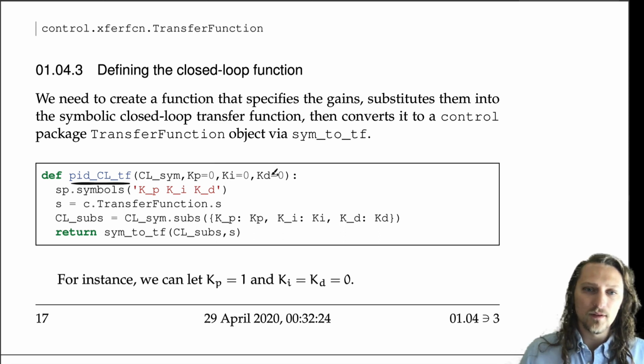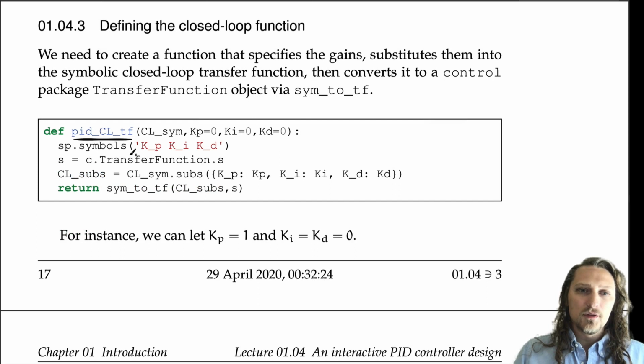By default, each of the gains, kp, ki, and kd, will be set to 0. So we use symbolic kp, ki, and kd in here, and inside the routine we have to say that s is a transfer function s. Then we take the symbolic transfer function and we substitute in for the symbolic variables these numerical kp values that come in with the routine.